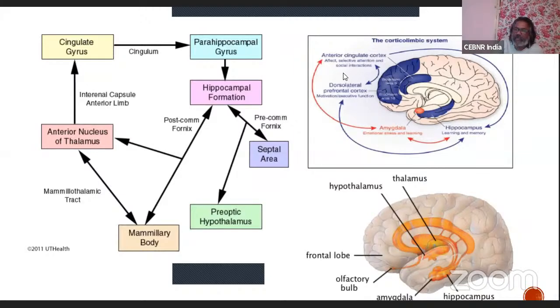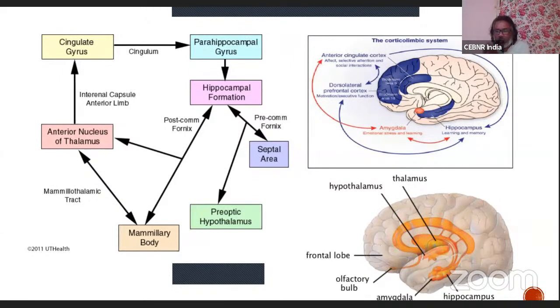You can see the amygdala is connected to your frontal cortex. There is a very important connection between this and this. They are also connected to your hippocampus, and the hippocampus, via that, will be connected to learning and memory. The hippocampus is part and parcel of your short-term memory, and it goes to your long-term memory. That is in your cortex, right?